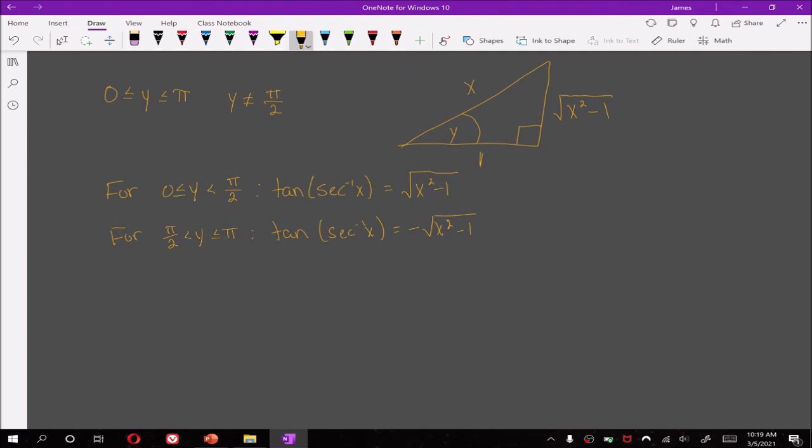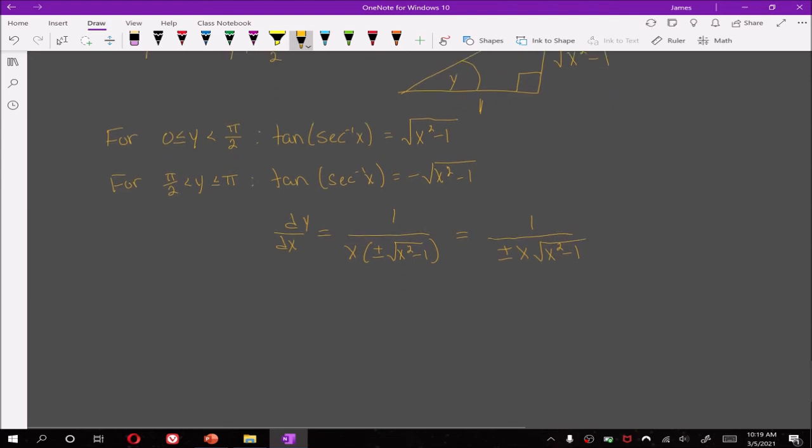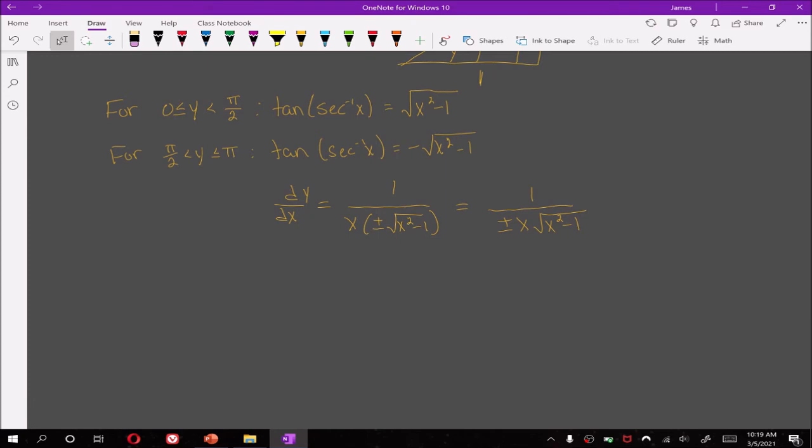What we then find is that dy/dx winds up being 1 over x times plus or minus square root of x squared minus 1. We can factor out that plus or minus, as plus or minus x.